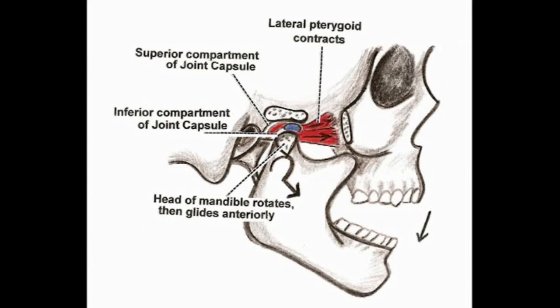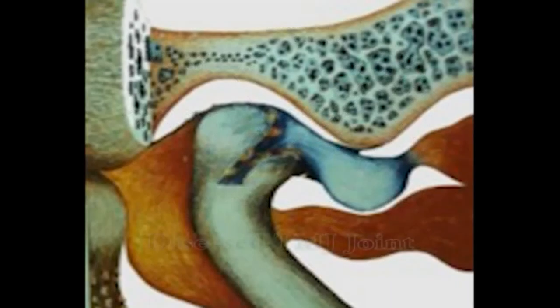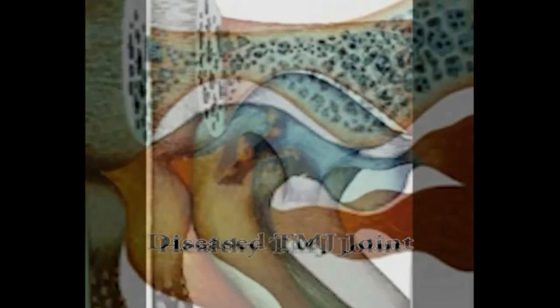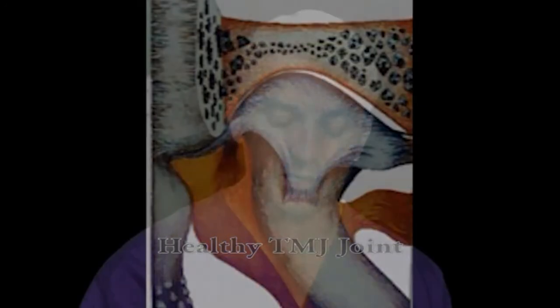It will start to wear down rather quickly and to the point that there may be none left. Now, the rate at which this cartilage breaks down is usually parallel to the amount of pain that one experiences. For example, in migraine patients, we see a severe breakdown of this cartilage.